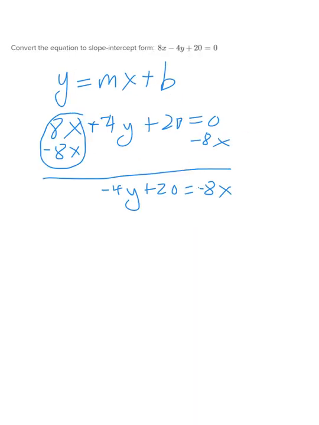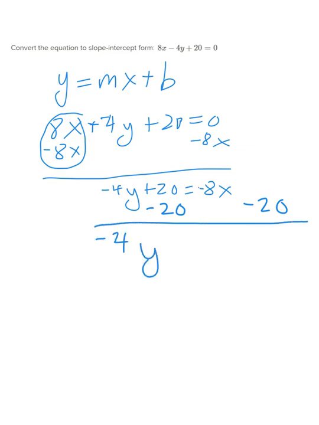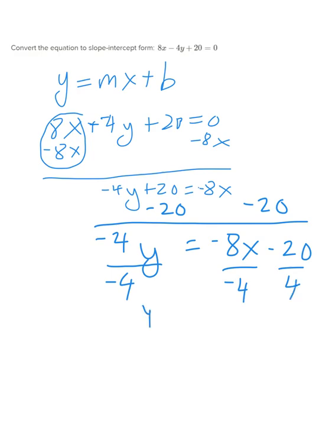All right, next step. We're going to subtract 20 from both sides. So we get negative 4y equals negative 8x minus 20. Getting closer to slope-intercept form. One more step to go. Divide everything by negative 4. And we get y equals, what's negative 8 divided by negative 4? That's 2.